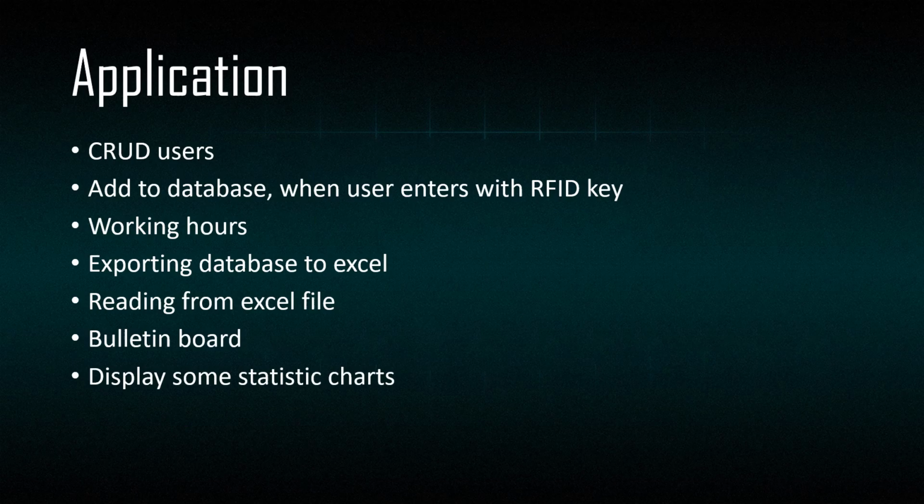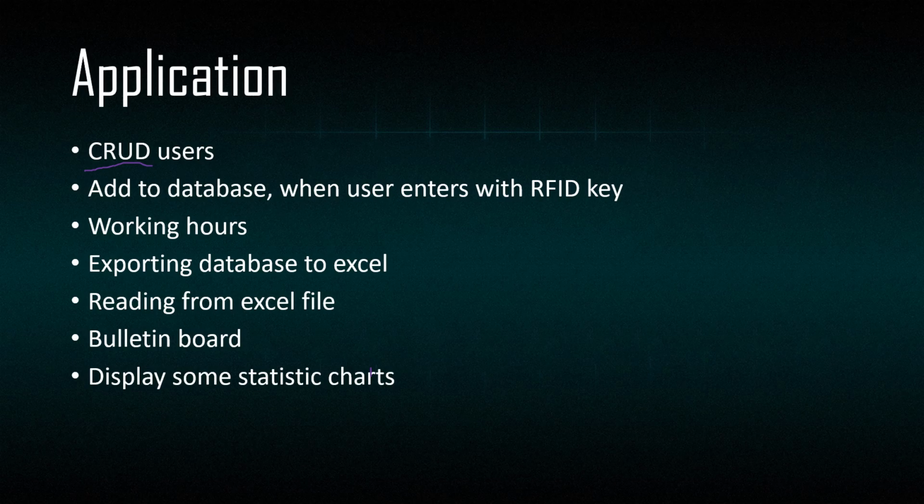So let's go on. Here we have our application, which will contain CRUD of users. CRUD, if you don't know, means create, read, update, and delete. Of course, users will have at least a name, surname, and identification number, which will represent their RFID key or card.